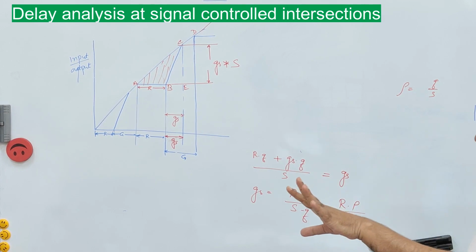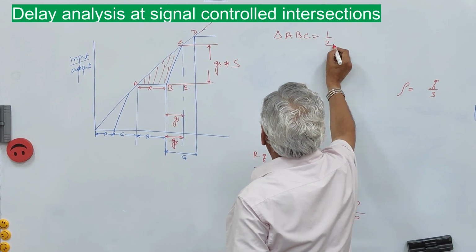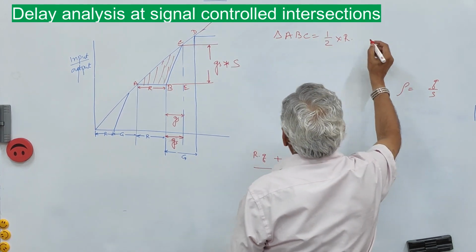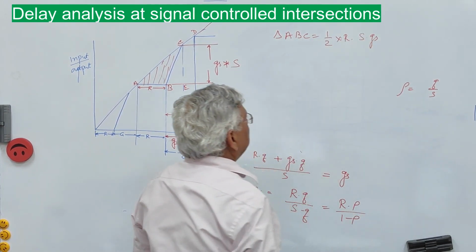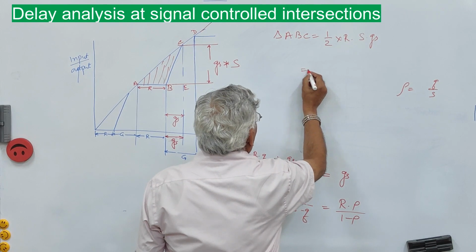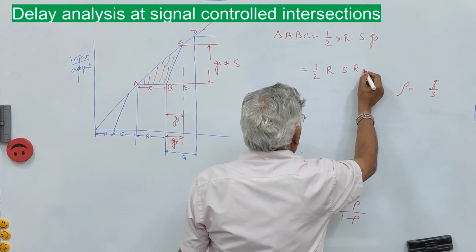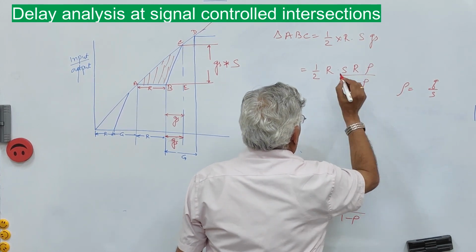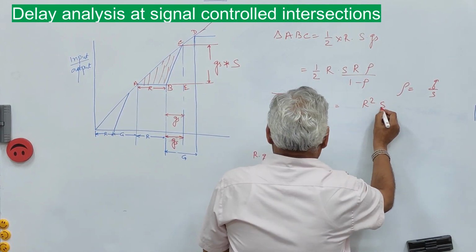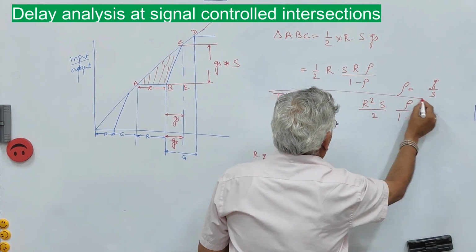Total complete Q. So the area of this triangle, area of ABC, will be half into base R, into ordinate, that is S into GS. Put the value of GS here and you get half of R into S into R rho upon 1 minus rho, equal to R square S upon 2 into rho upon 1 minus rho. That is the total delay.